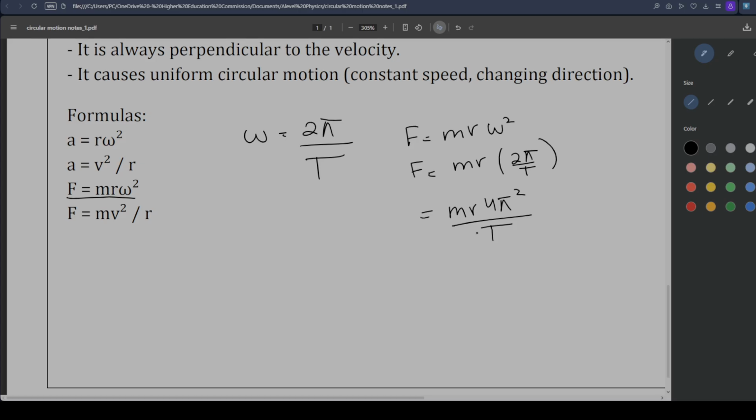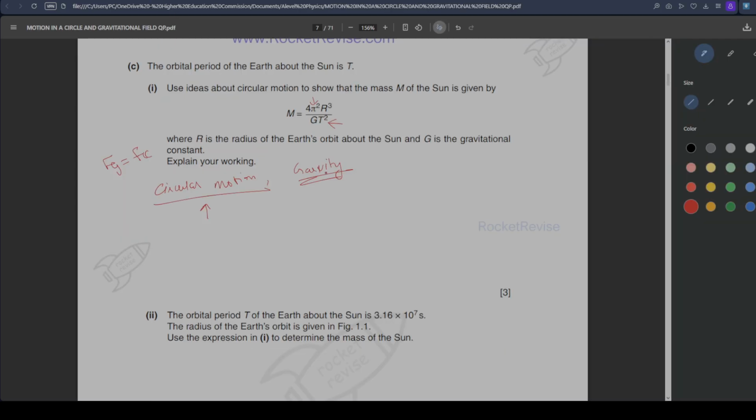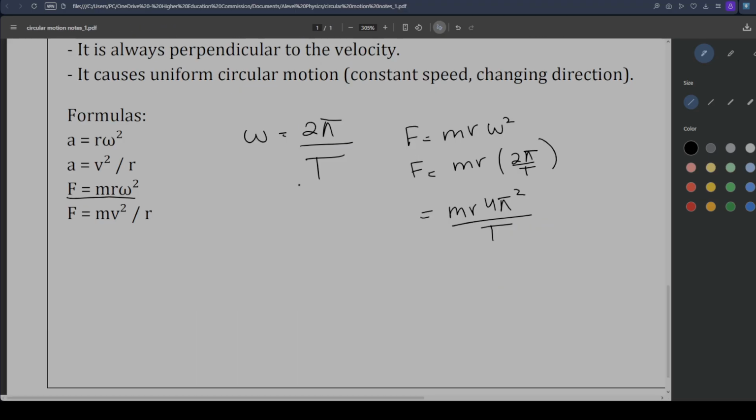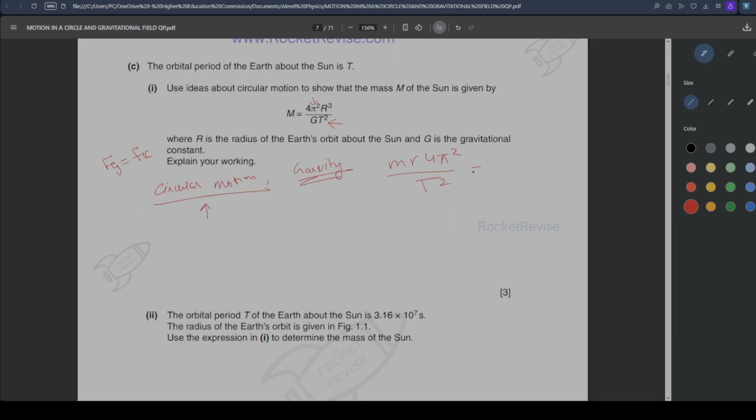So this is the formula we're going to use, m r 4 pi square divided by T. It's going to be m r 4 pi square divided by T square, the T also gets squared here. We're going to equate this to the force of gravity, which is G M m divided by r squared.